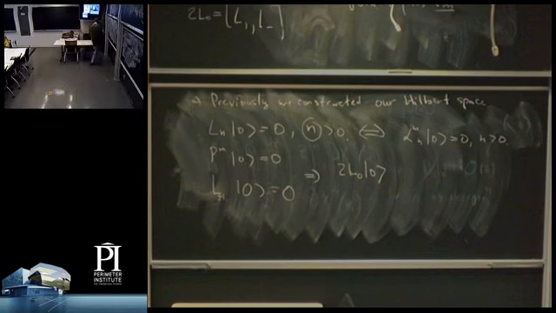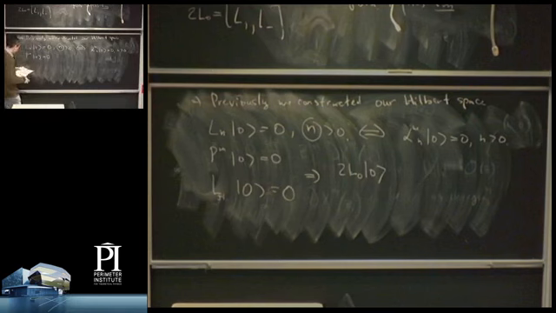Another thing you can check as well. First of all, the vacuum is annihilated by L1 simply because it carries a coefficient with positive index. But you can check that it's being annihilated by L-1 as well.